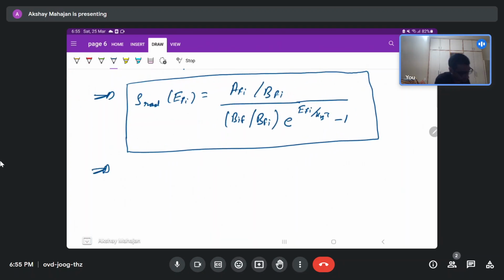And then we know the Planck's distribution, which gives us the density of states for the EM field.